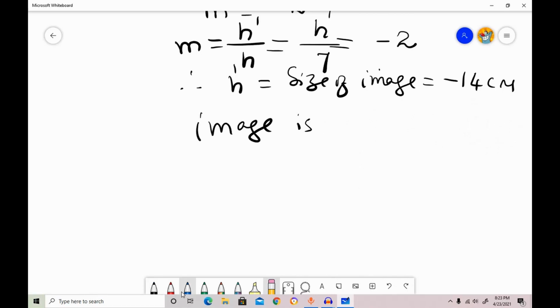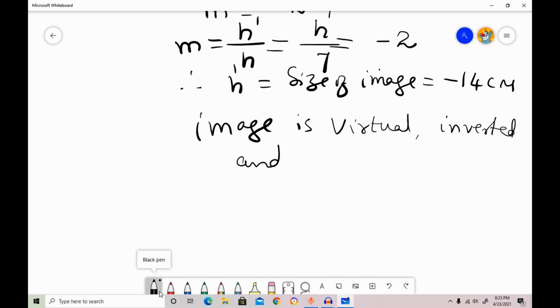Okay, I'll rewrite again. Image is virtual, inverted and enlarged. So this is your answer.